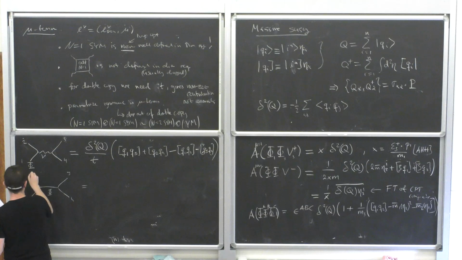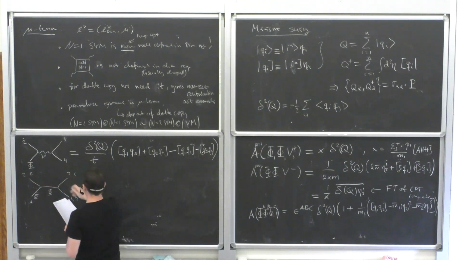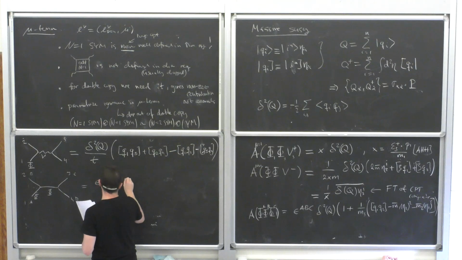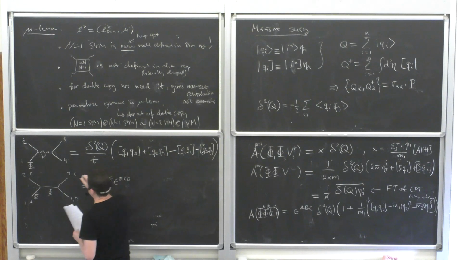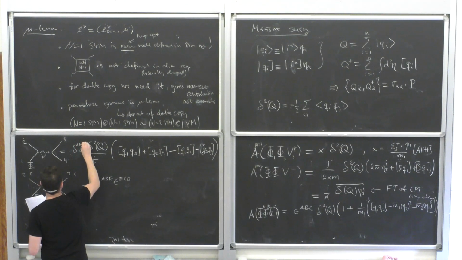Also A, B, C, D. Here's just a Kronecker delta, but let me not write down the A, B, C, D. Well, let me also put here delta AB, delta CD.